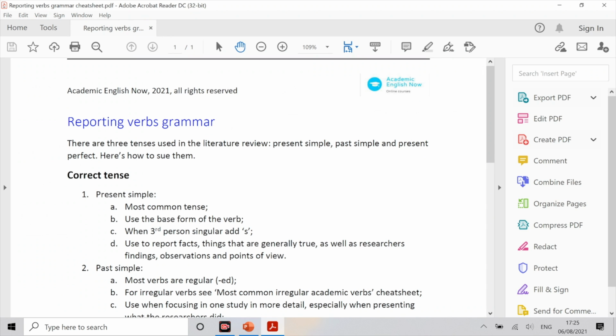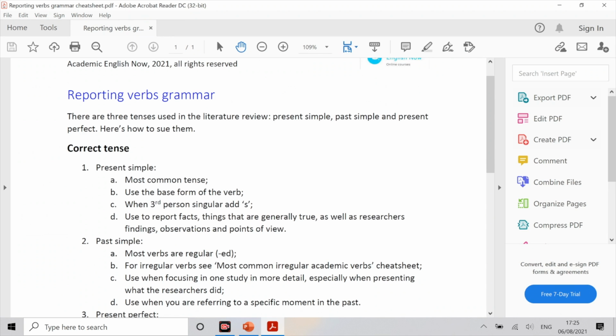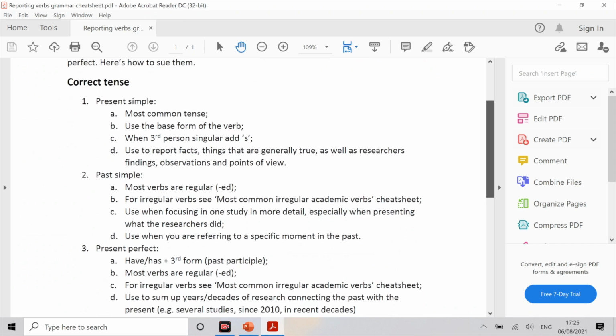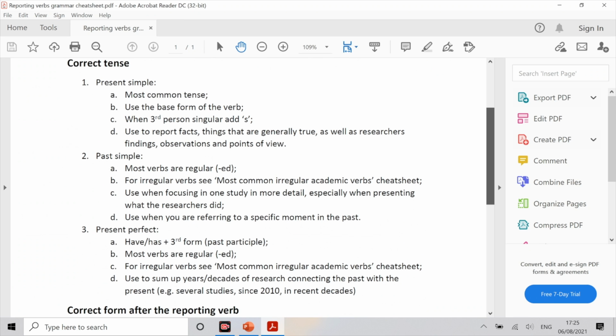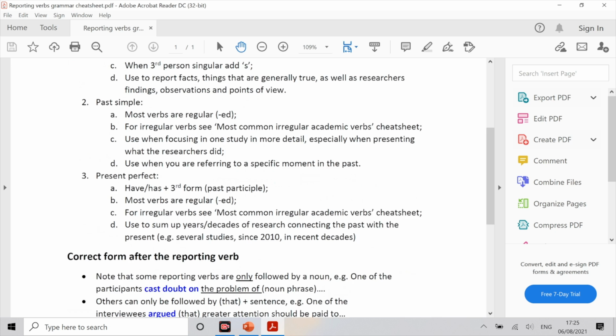It's a PDF document which looks like this, right? So you can download it, right? And then in here, I outlined the 3 main tenses that will be used, right? So present simple and present perfect are the 2 that we've already discussed. We haven't discussed past simple and when it's used, but we will later on in this video, so don't worry, we'll get to that.